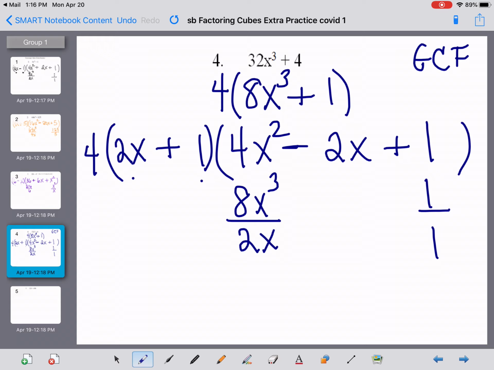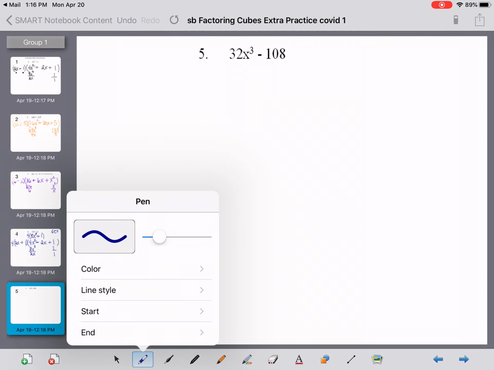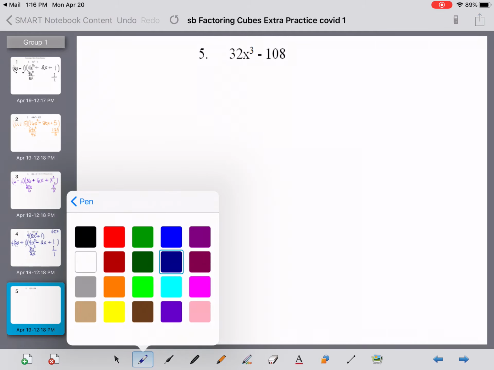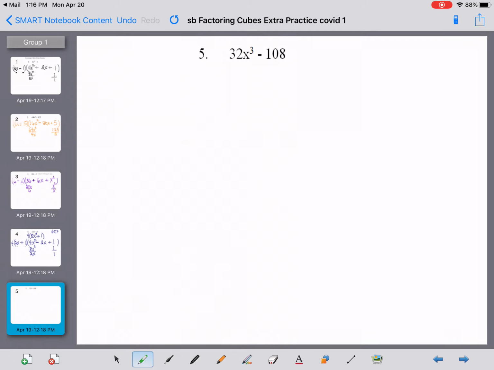As we finish with our final practice problem, again, we want to factor out the greatest common factor on this one. And as we take a look here, the greatest common factor also happens to be 4 on this one. And 32 divided by 4 is 8. And 108 divided by 4 is 27.